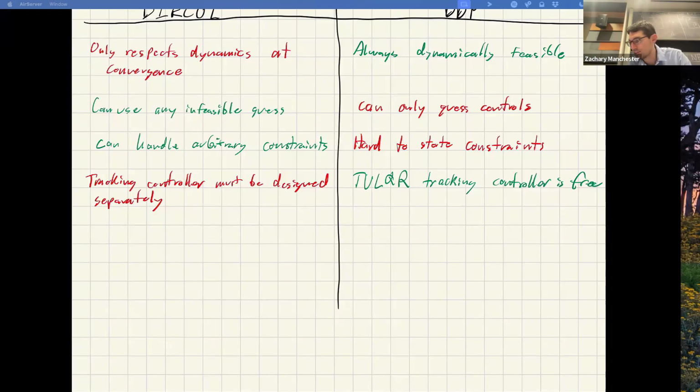Okay, so then speed-wise, DDP is commonly known for being really fast, which it is. It's also easy to implement fast DDP solvers. All the math is there, and if you just code this up reasonably well, it's going to be fast. So it's fast out of the box without you having to work too hard.